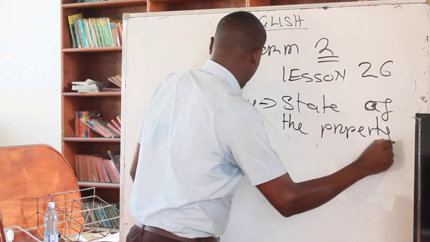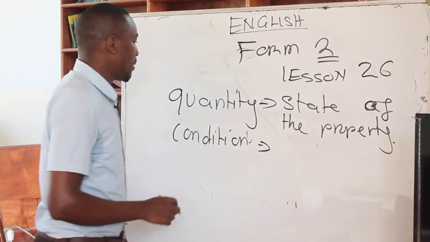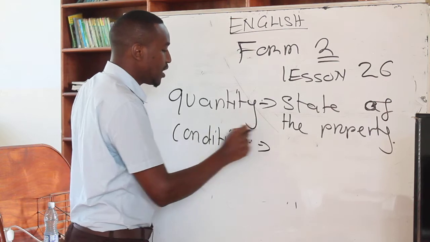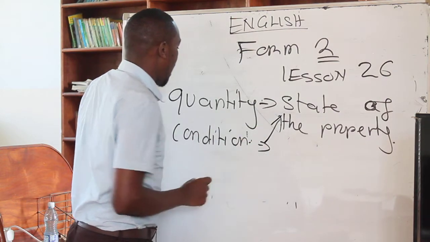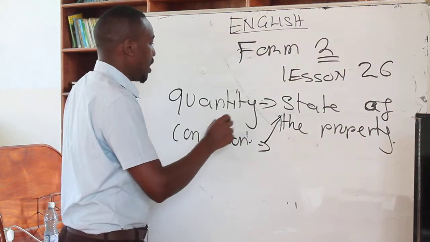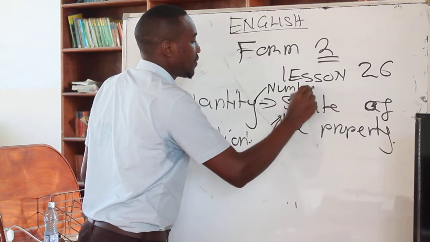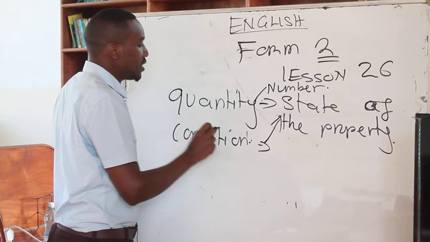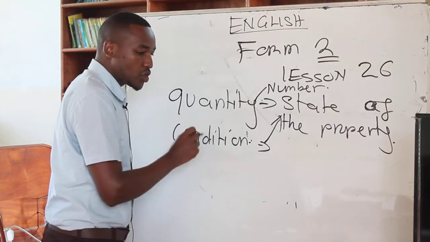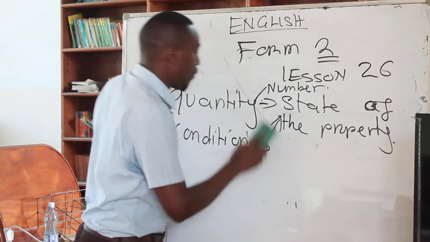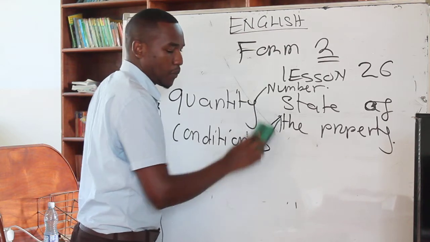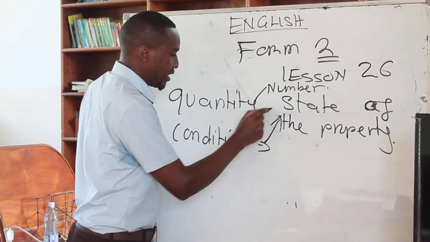And quantity is the number. So quantity, the number; condition, the state of the property. How is the property? How is its state?